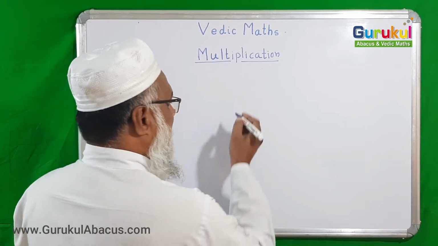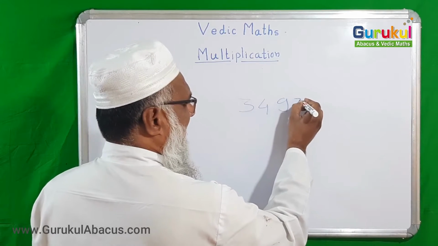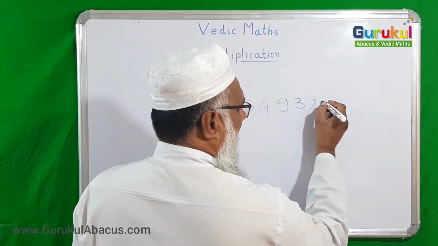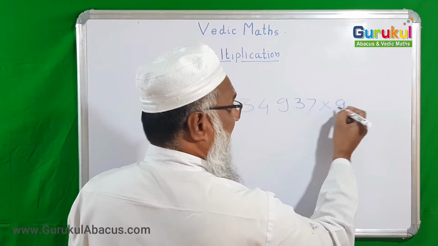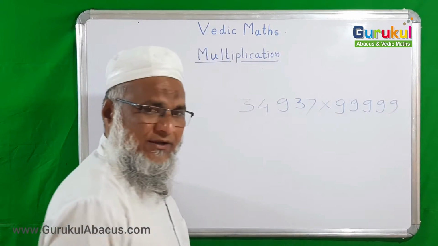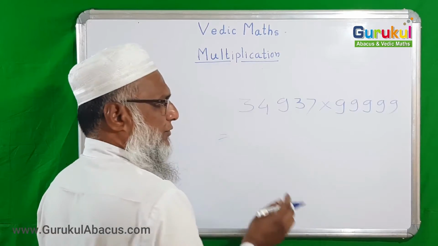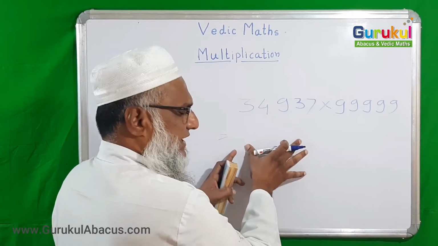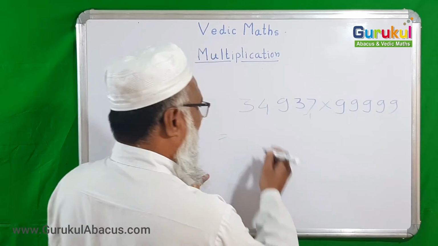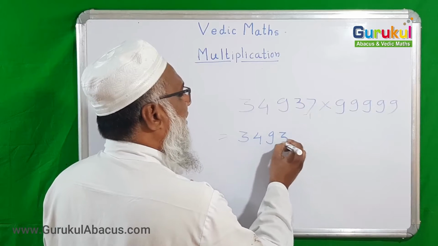Now the example is 34,937, and now it is a 5-digit number. Here I am going to multiply with the 5-digit greatest number, 99,999. So let us multiply it. What to do? Write the first number as it is, just by lessing 1. So here I am going to write 3, 4, 9, 3 and 6.